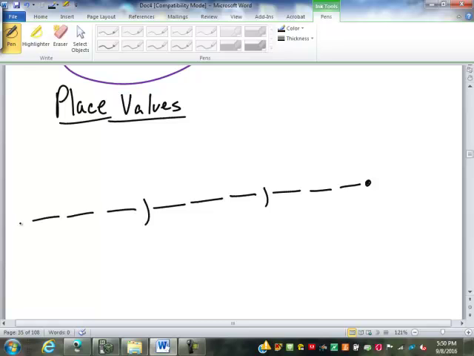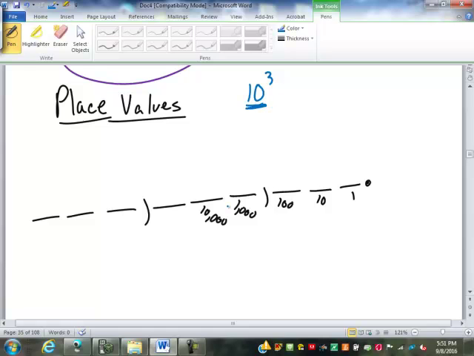So, looking at our place values, I'm just going to put in numbers here. We have ones, tens, hundreds, 1,000s, 10,000s, and so on. But what we have is a decimal number system, or sometimes called a base 10 number system. What base 10 is referring to is an exponent where the base number of the exponent is a 10.